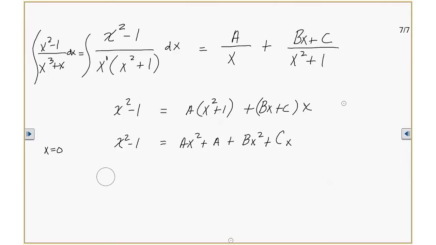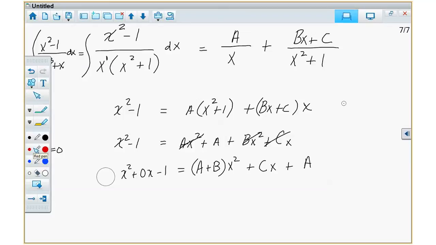Okay? x squared plus 0x minus 1 is equal to (a plus b) x squared plus cx plus a. Oh my goodness, look at here. Look what we can do. Get 3 highlighters on this one.